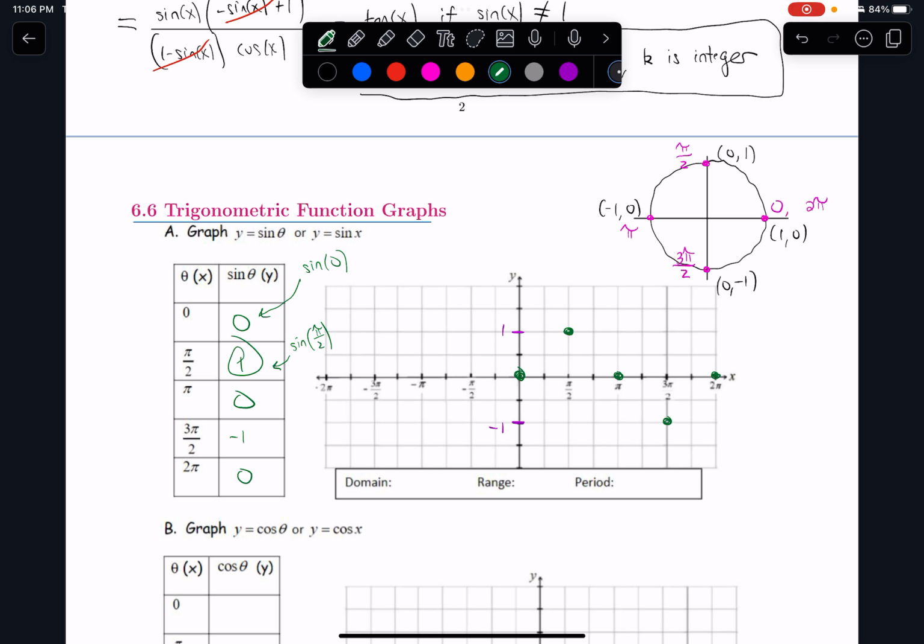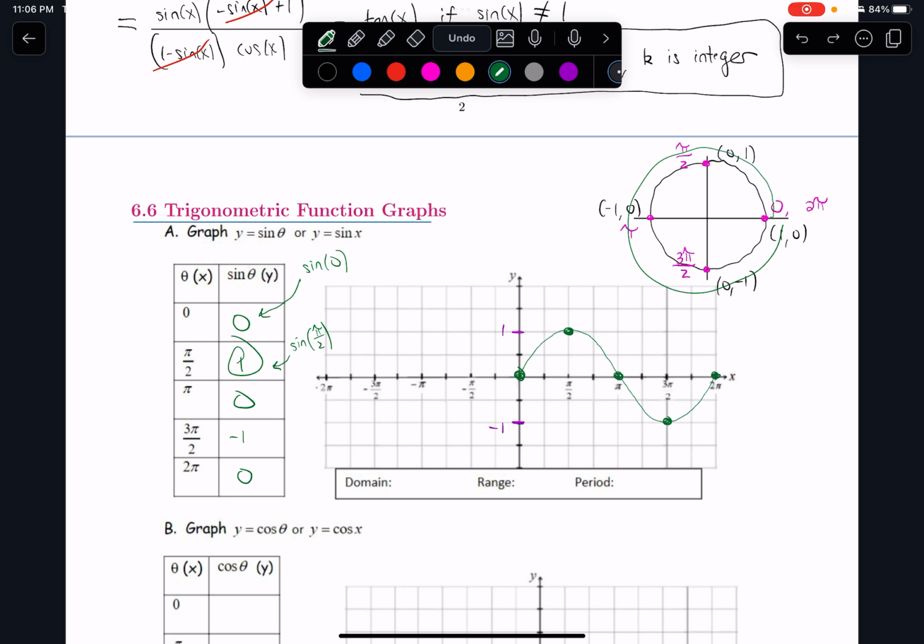If I connect these points and start to draw my graph, I'm getting something like this. It goes up, then it goes down to a low point, then it starts to rise again. I could keep going like this. If I went more than one full time around the unit circle, I would start to cycle through all the same y values again and again.